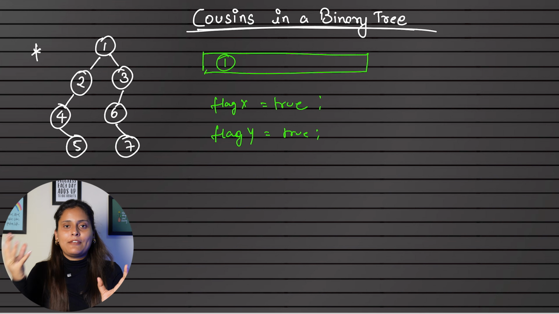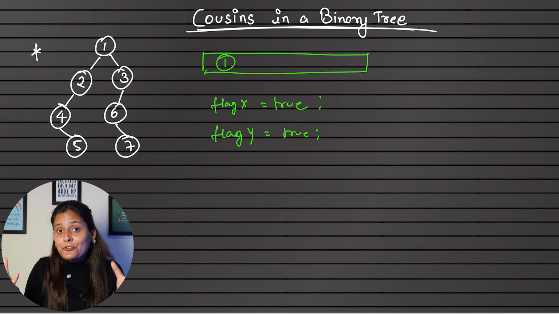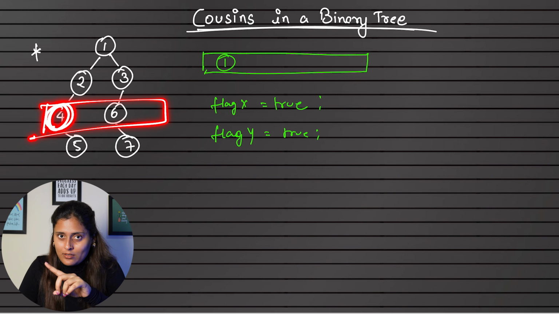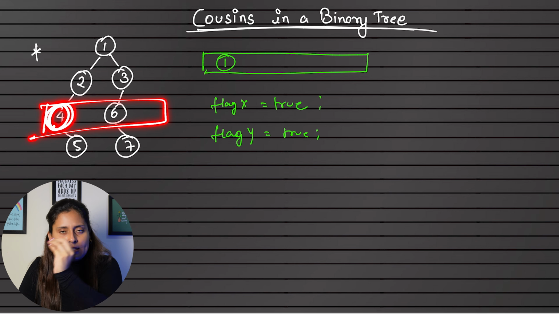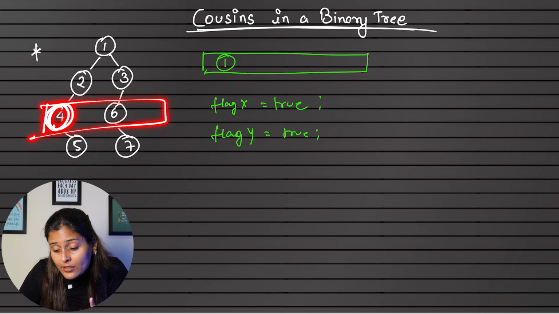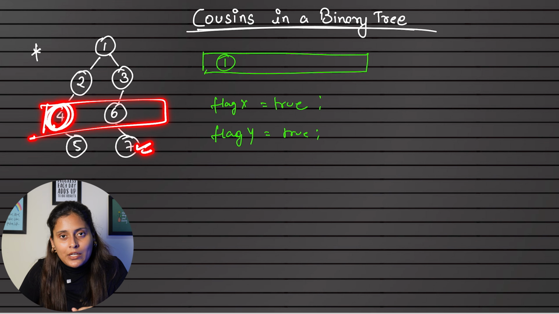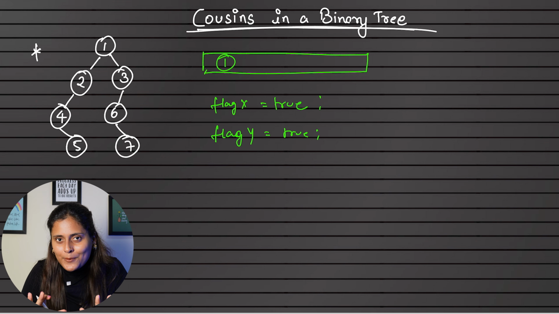If X found and Y found, and they are true, return true. If they are not both true, it means only one was found at that level. For sure, the other, X or Y, whatever is left over, is present in another level. So if it is present in another level, how can it be cousin? It cannot be, so return false then and there.